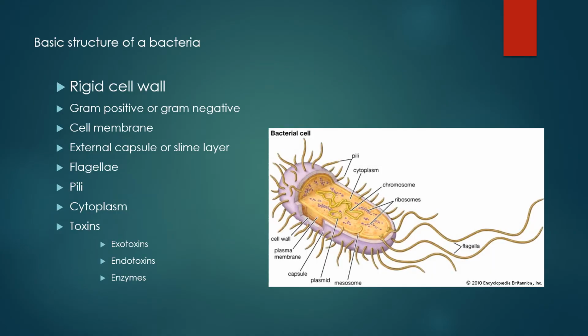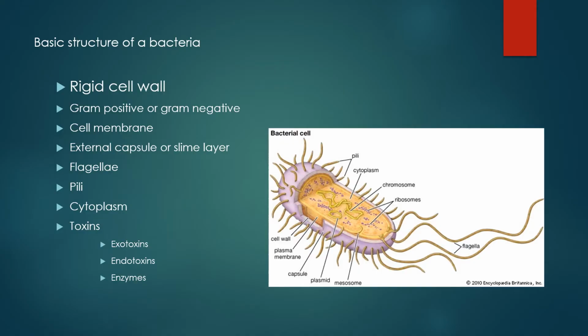When we look at the basic structure of bacteria, like I mentioned before, there's a rigid cell wall around it. Some are gram-positive or gram-negative, and that really has to do with the staining once we try to stain and identify what type of bacteria we have. Based on whether they're gram-positive or gram-negative, they can also produce different types of toxins. They do have a cell membrane, and some might have an external capsule or a slime layer.